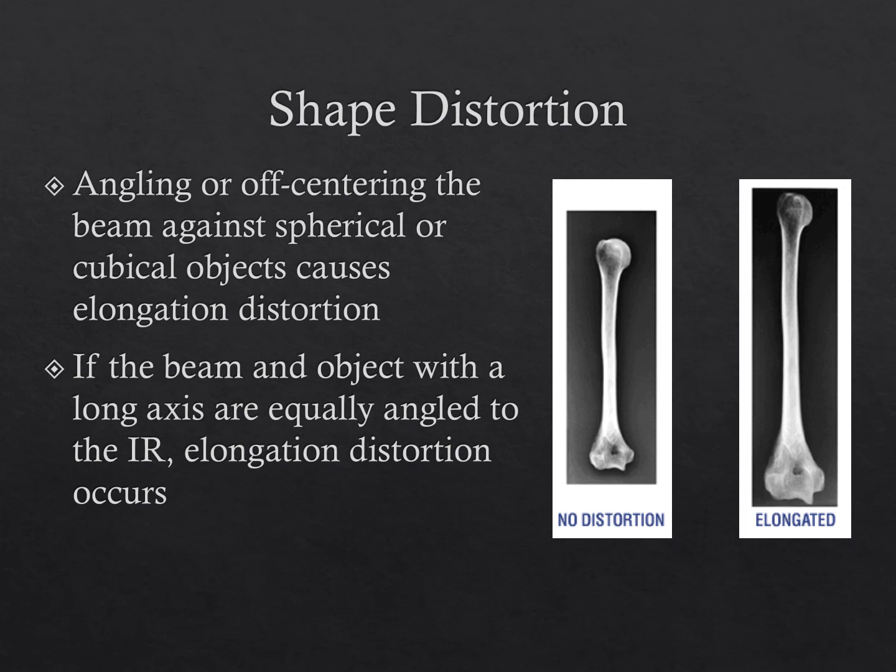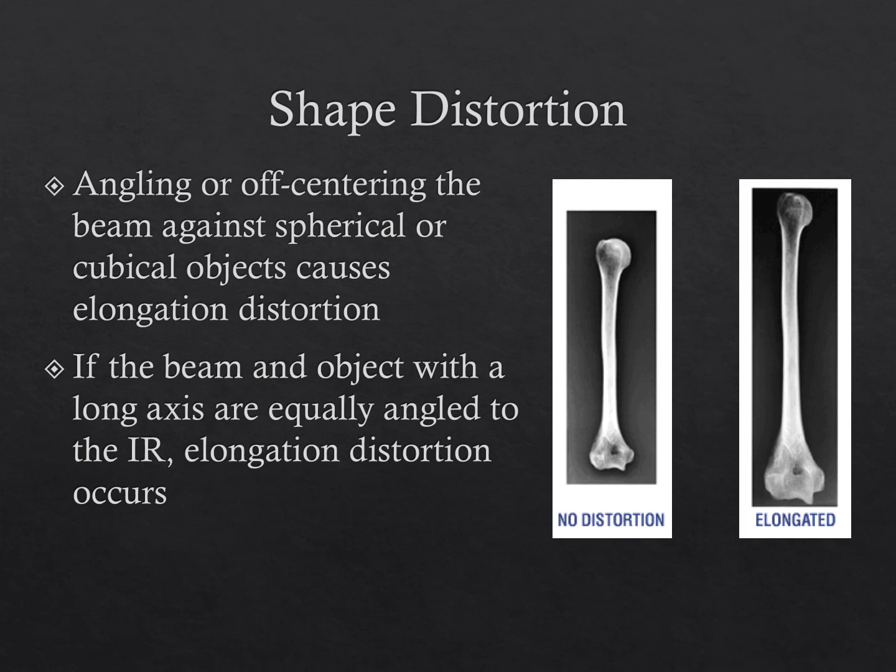So let's talk about elongation first. So angling or off-centering the beam against a spherical or cubical object causes elongation. If the beam and object with the long axis are equally angled to the image receptor, elongation distortion occurs. So if I have the beam and the object angled to the image receptor, I'm going to get elongation.